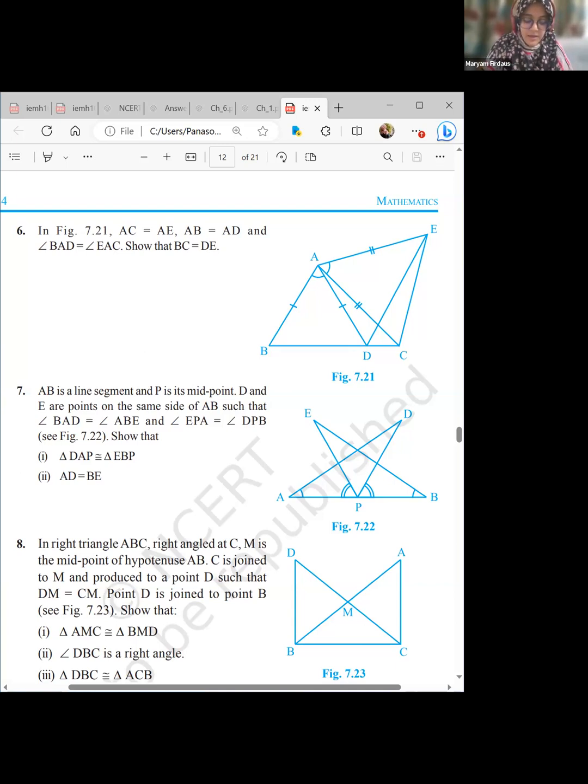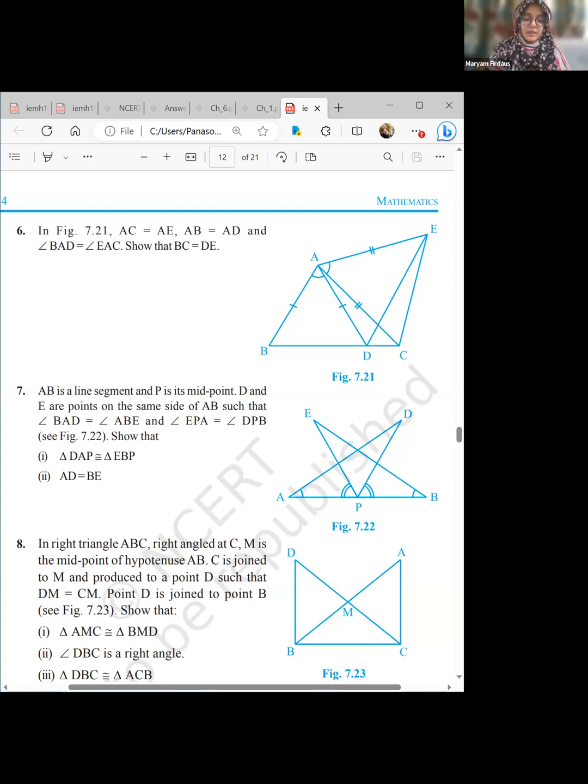Now, we can see that this angle EPA, which is equal to the other angle, this one. These two angles are equal, na? Now what we have is this one over here is x, and this one over here is also x.